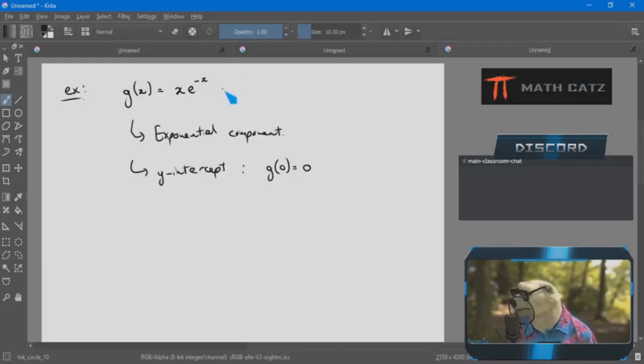Now I want to make a note of this because it's going to make my life easier later on very often. I don't have to work with the function in its original presentation. Because I see e to the negative x, I could write this as x over e to the x. My personal preference very often is to avoid negative exponents or exponents that look negative, like this one.